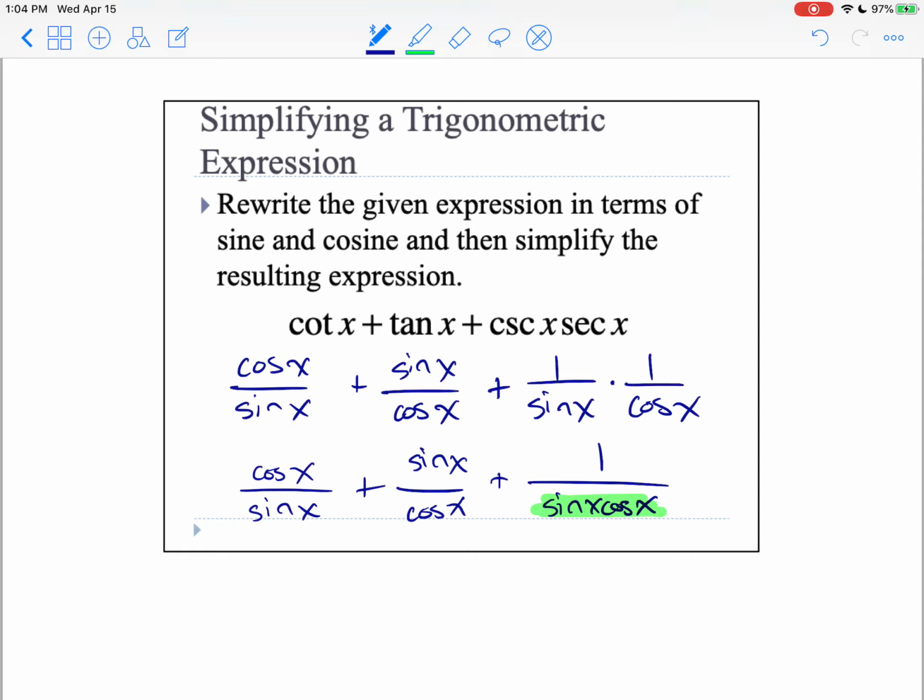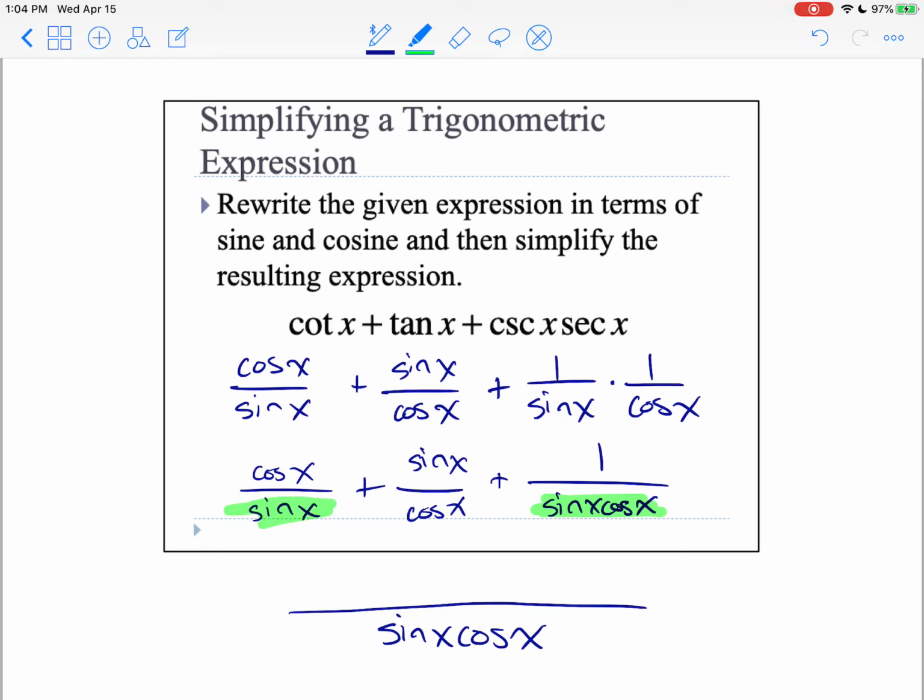So I can't use sine, I can't use cosine. It would have to be something that's a multiple of sine, cosine, and sine x times cosine x. And since sine of x times cosine of x is a multiple of sine of x and cosine of x, my common denominator is just going to be sine of x times cosine of x.